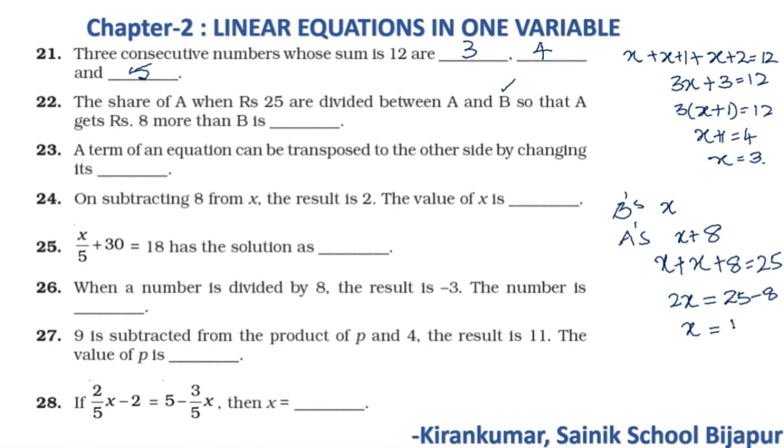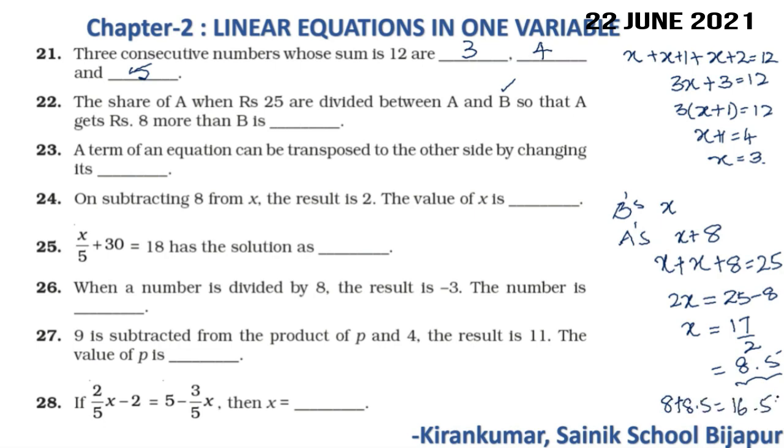So x will be equal to 17 upon 2, which is 8.5. When 25 is divided, we get 8.5 as one share and the other share will be 8 added to 8.5, which is 16.5. A's share will be 16.5 and B's share will be 8.5.